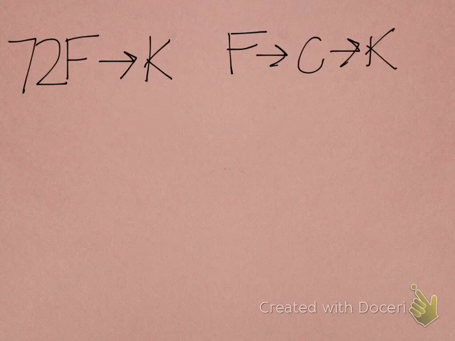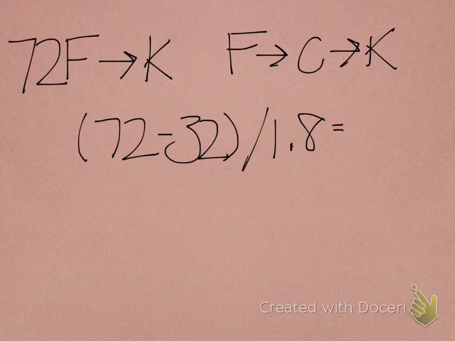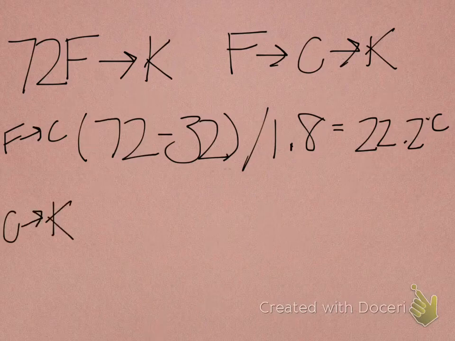So Fahrenheit to Celsius means we're going to have to use those parentheses. 72 minus 32 divided by 1.8, and that is going to equal 22.2 degrees, and this is in Celsius. So this is our F to C.